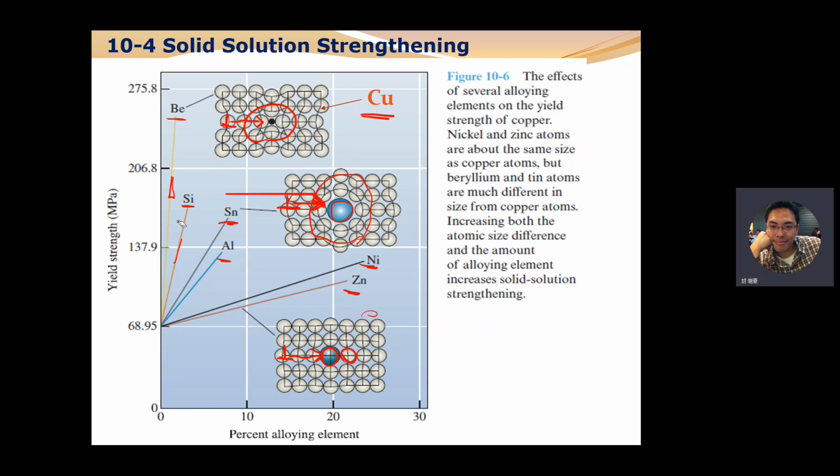It's not Young's modulus. It's the yield stress. So we can see this figure plots the composition of the alloy elements against the yield stress. The higher the difference in atomic radius, the higher the yielding stress.